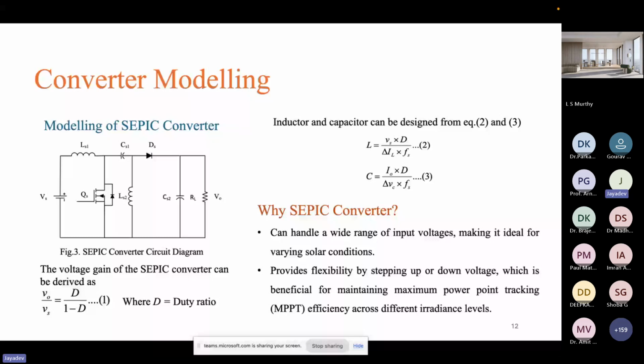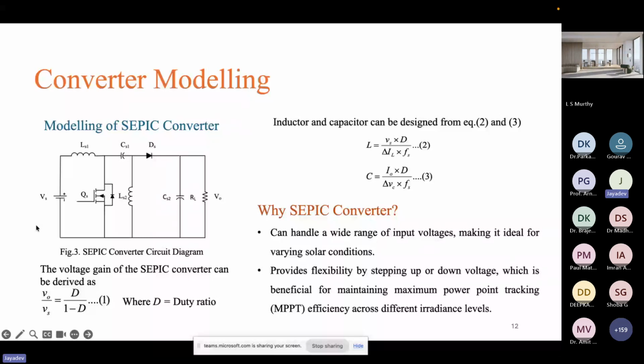Sometimes it will buck the voltage, going to less than 0.5 duty ratio, and sometimes it can go above 0.5 duty ratio, so it can step down or step up. As this converter supports both cases, tracking maximum power at all irradiance values is easy compared to the normal buck or boost converter.